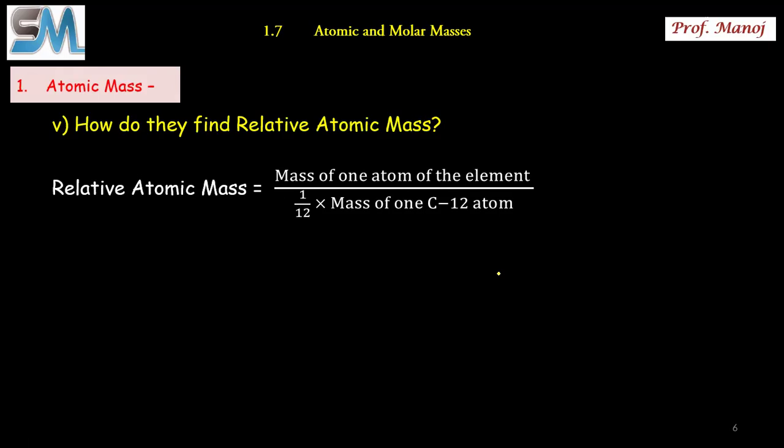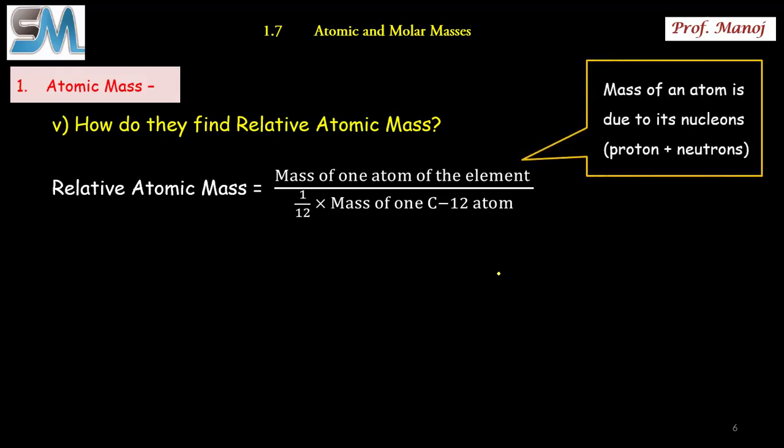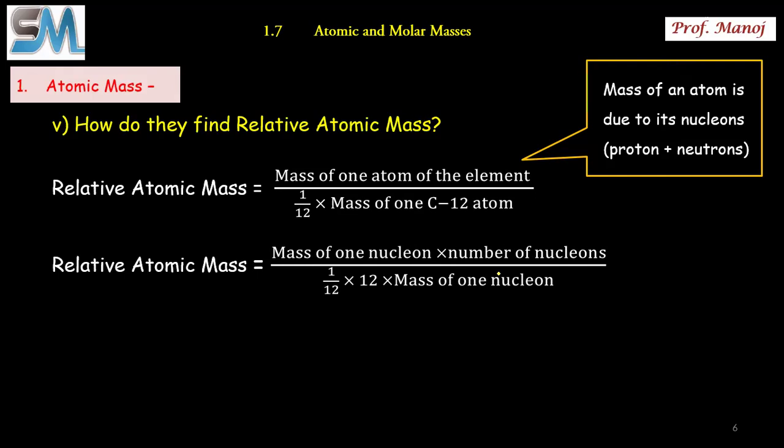Let us think more in detail about this. What is mass of one atom? We already told. It is the mass of protons plus neutrons. That's nucleons. So changing this equation to mass of one nucleon into number of nucleons. Think about this equation again. This 12 cancels with this 12.